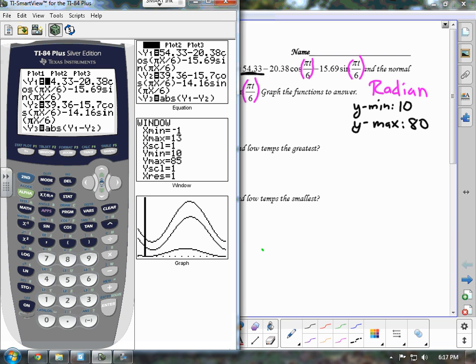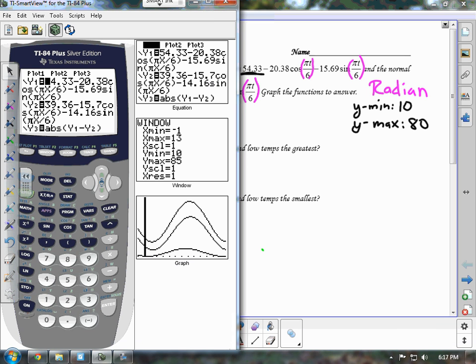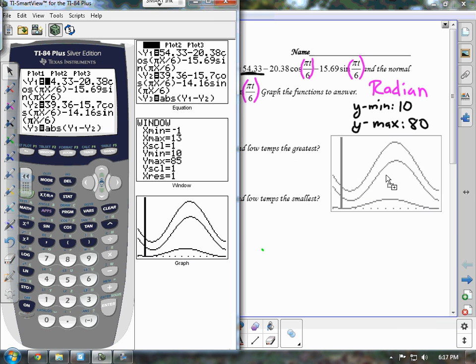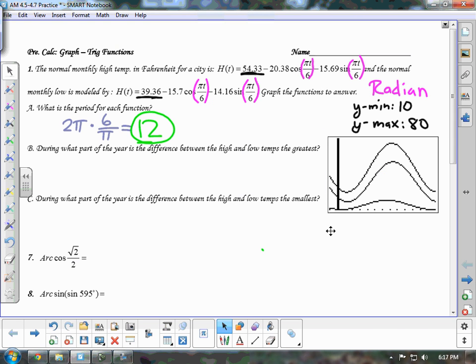I put absolute value around it just in case, but you didn't need to do that. You could just do y1 minus y2. That is this line down here at the bottom. So as we're looking at this one right here, it is showing the difference between the two.